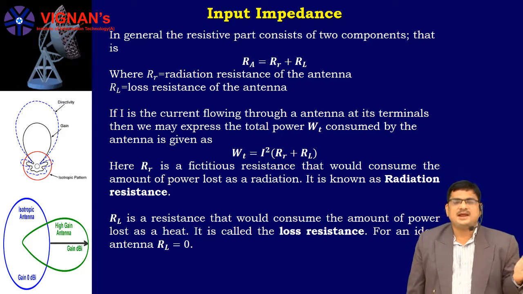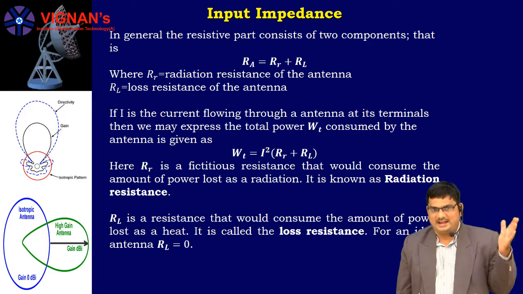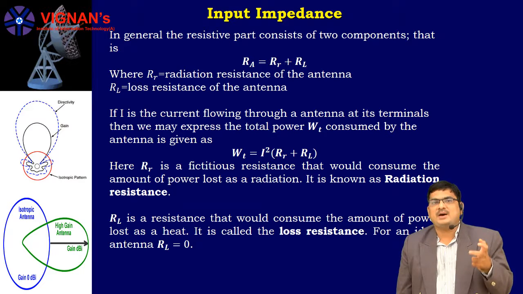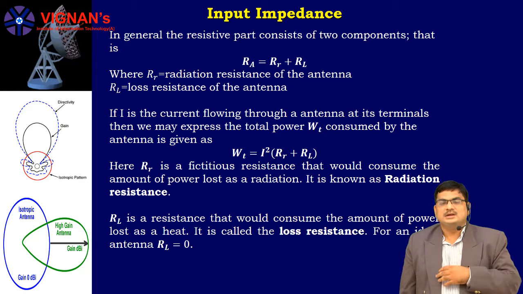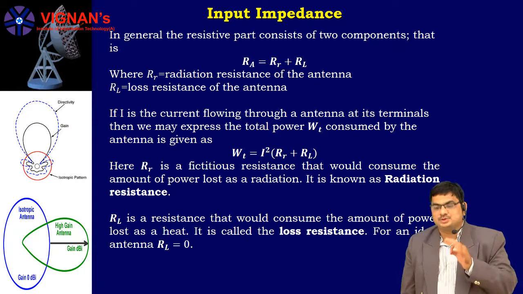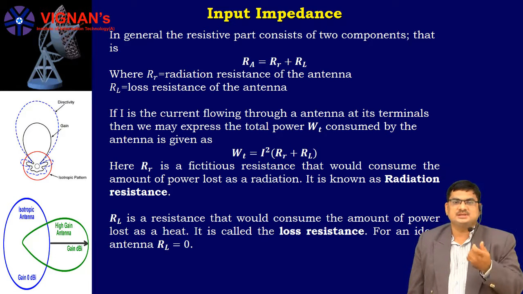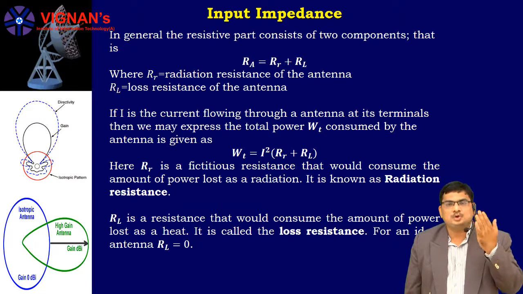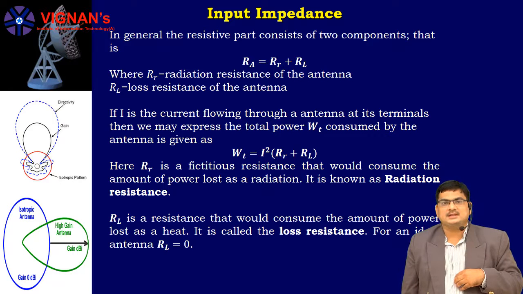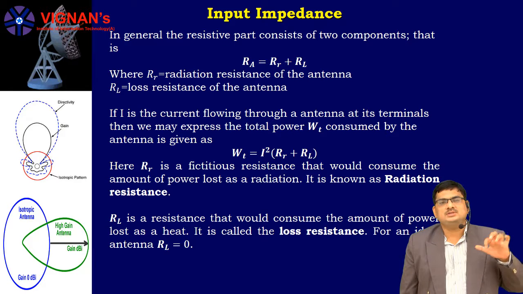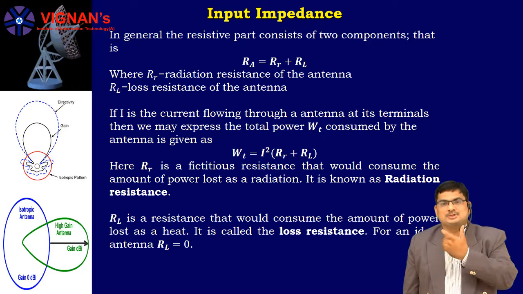If we apply current through the transmission line, the total radiated power W is equal to I square into RR plus RL, that is the radiation resistance plus loss resistance. If you take the isotropic antenna, it radiates uniformly throughout 360 degrees, so R loss is equal to 0 for an isotropic antenna.